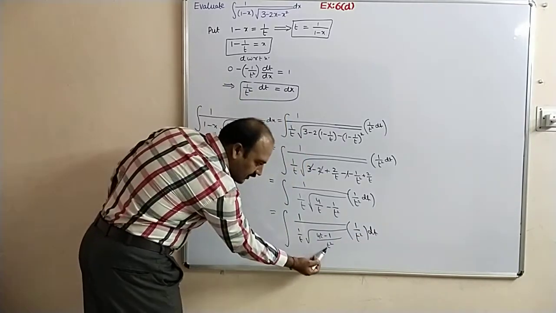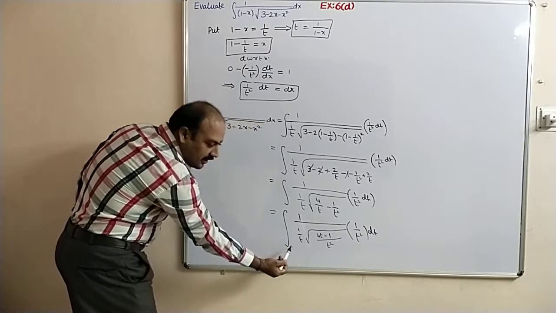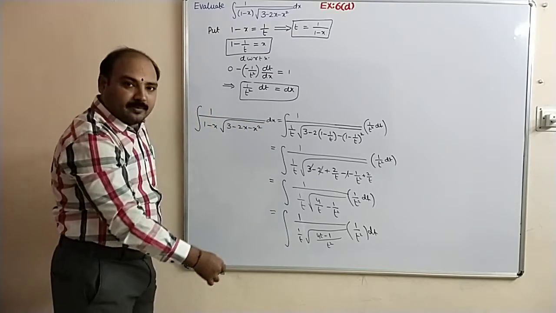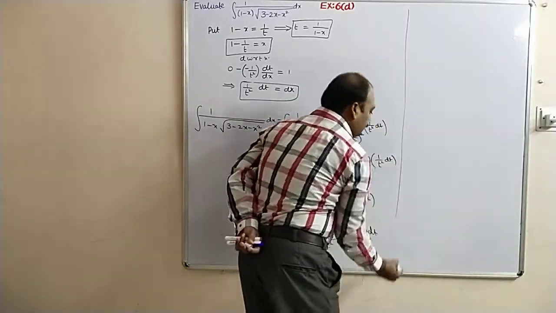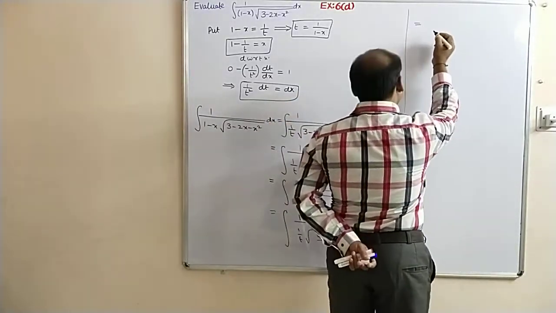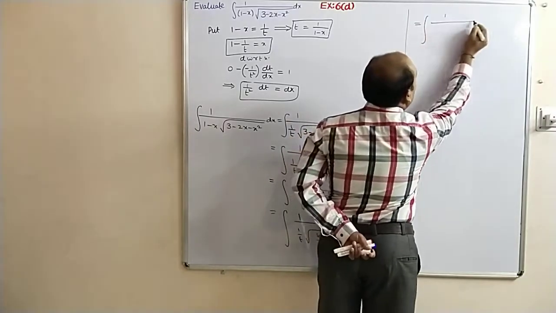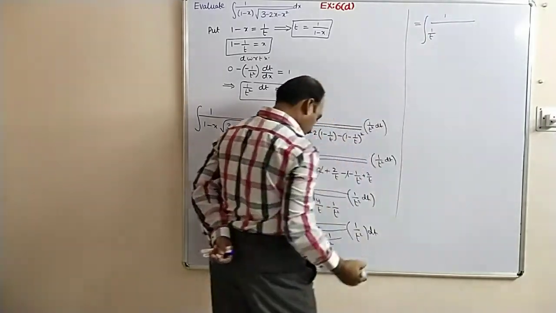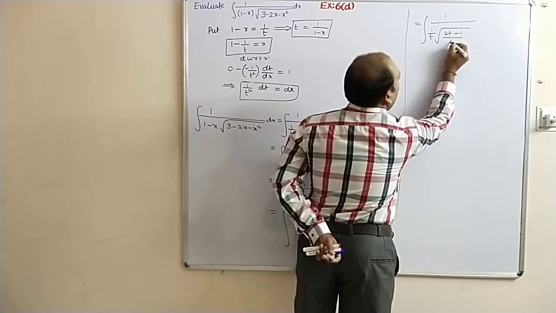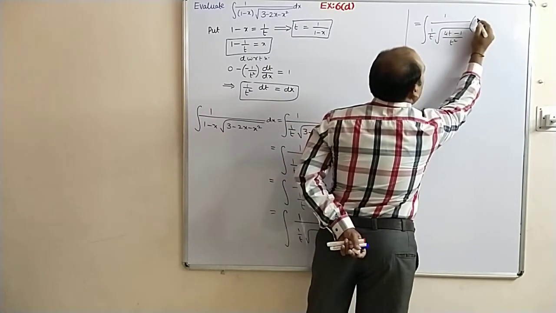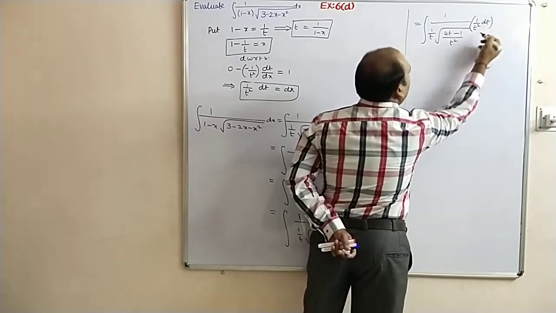After that, in the denominator of the denominator, t square is there, now we can take it outside of the integral, it will become 1 by t. So this step becomes integral 1 by t square root of (4t minus 1) divided by t square, into 1 by t square into dt.